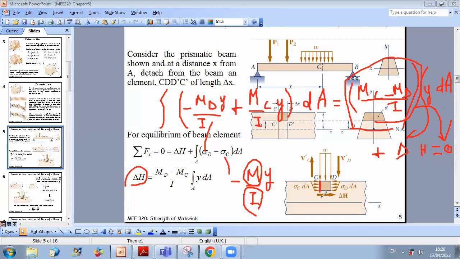So what can I deduce now? I can deduce that the force developed in the x direction will be related to the variation of bending moment between C and D, and to the integral of y dA, which can be replaced by y star times the area of the cross section. We'll discuss this in the coming slides.